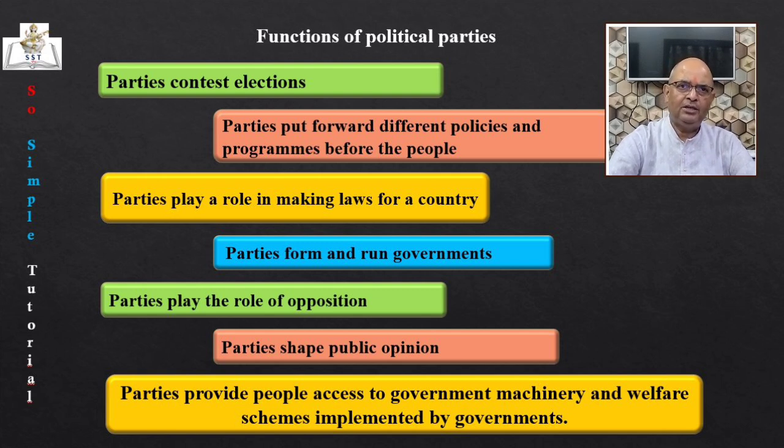Next, parties shape public opinion. They raise and highlight issues. Parties have lakhs of members and activists spread all over the country who spread the views of their party. They use all means like press, TV, street meetings or padyatra to mold public opinion in their favor.